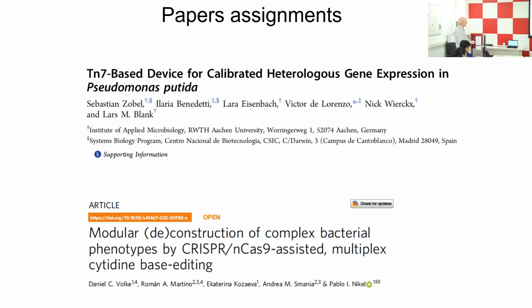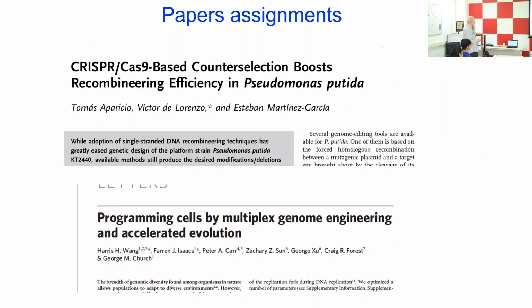So in this case, what the authors do, and I showed you before some slides that come from their paper, is to enter 10 different stop codons in the structural genes of 10 different enzymes that they want to knock out, for having a strain that is useful for metabolic engineering. Okay, so the nice aspect of this work is that they enter 10 mutations simultaneously, and they all seem to work very well.